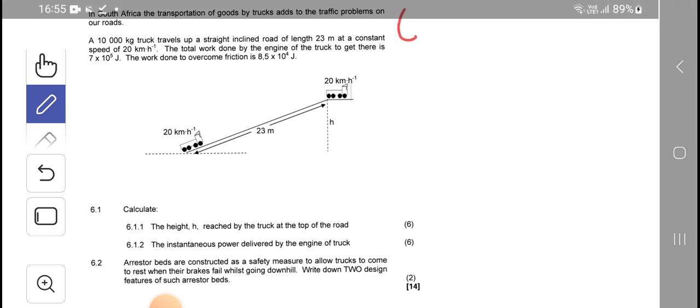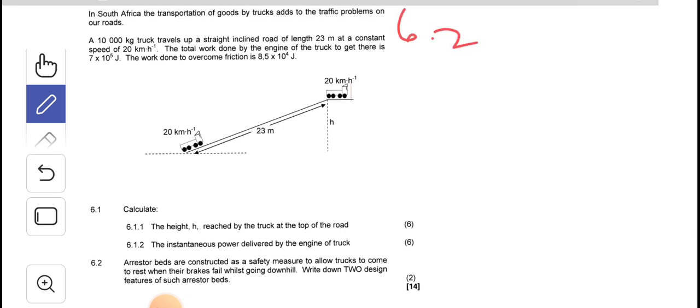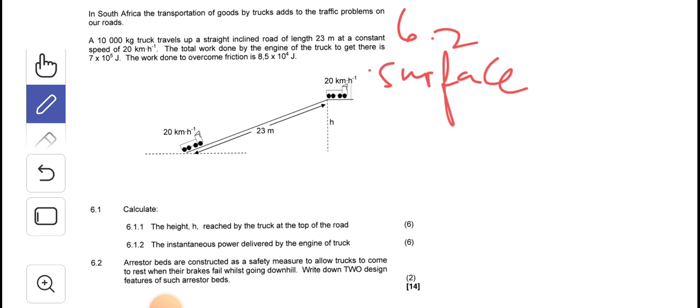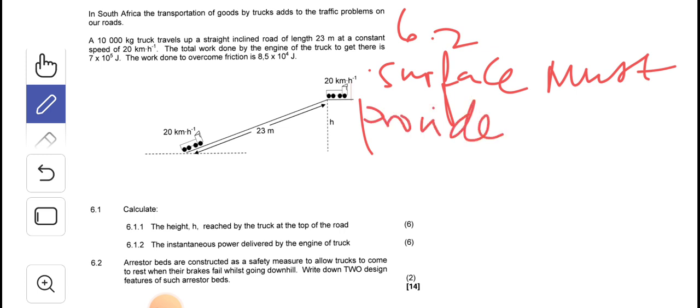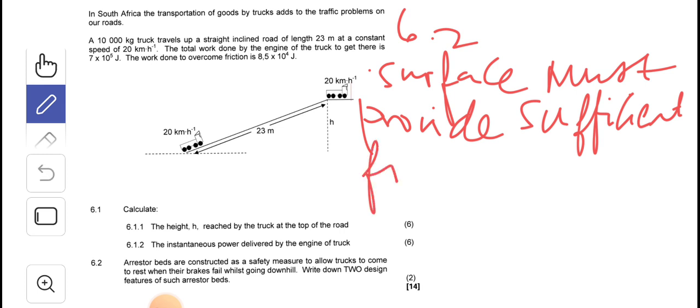In 6.2, you therefore have that the surface must provide sufficient friction, like sand.